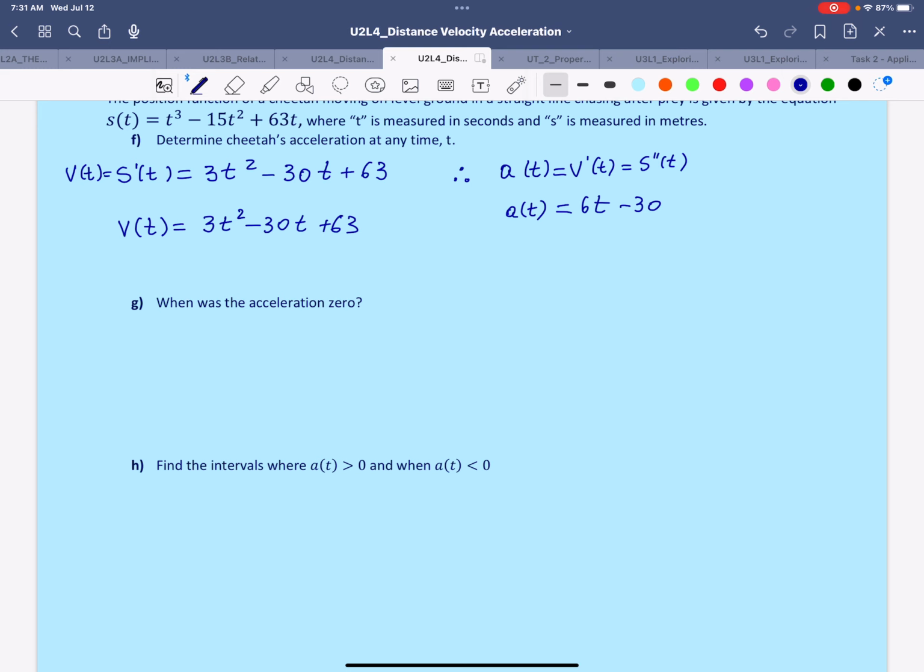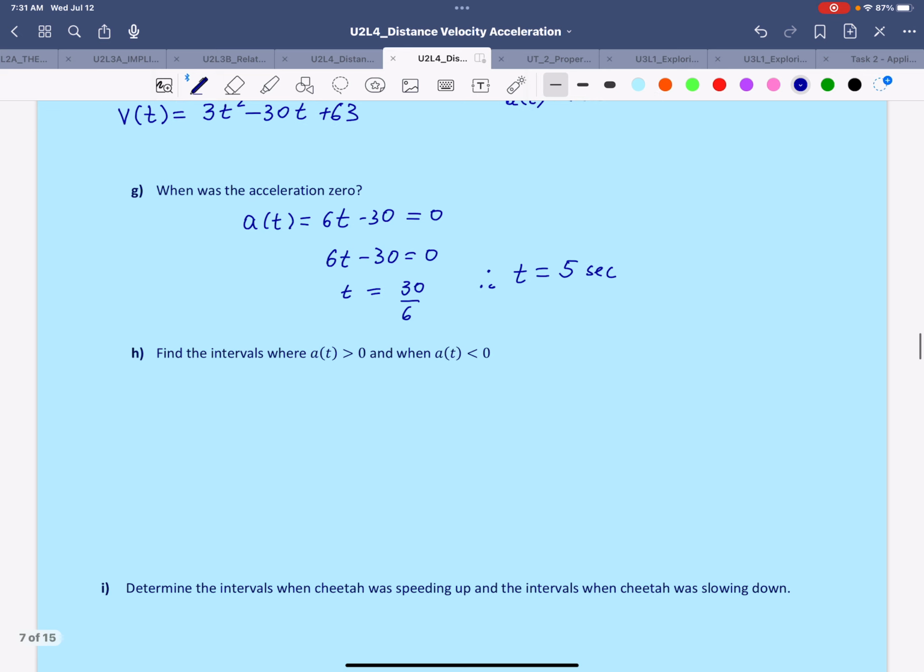Acceleration will be 0 whenever 6t minus 30 becomes 0. So 6t minus 30 equals 0 whenever t equals 30 over 6, which makes acceleration equal to 0 at 5 seconds.